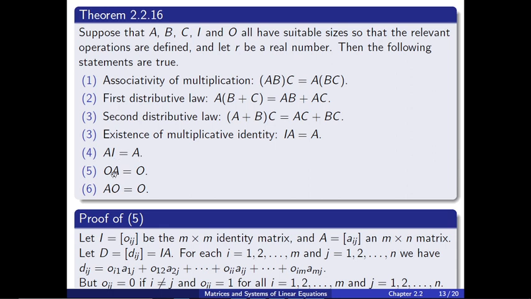And then again, if we take the additive identity of matrices, O, and you multiply it with A, you get O. And then again, if you do it on the other side, so in 5 O was on the left, and then in 6 O is on the right. So we are going to do a proof of 5.